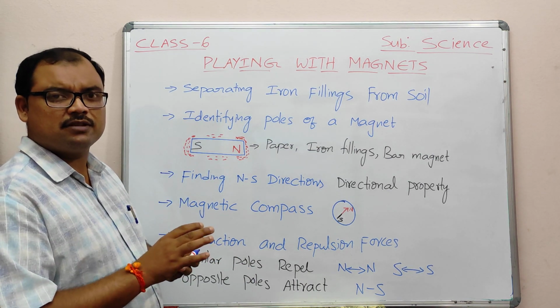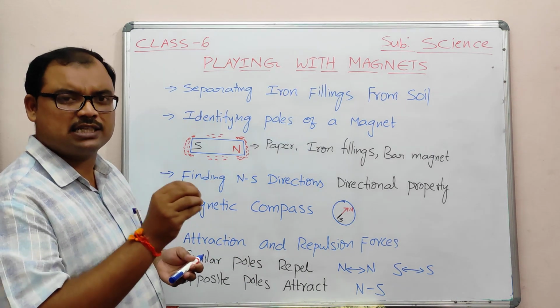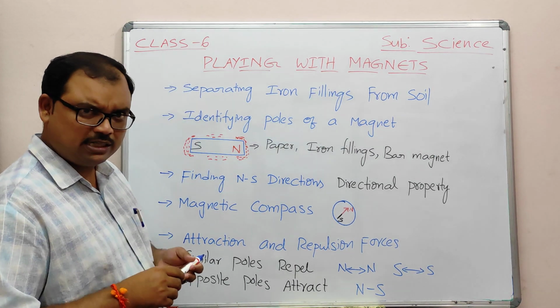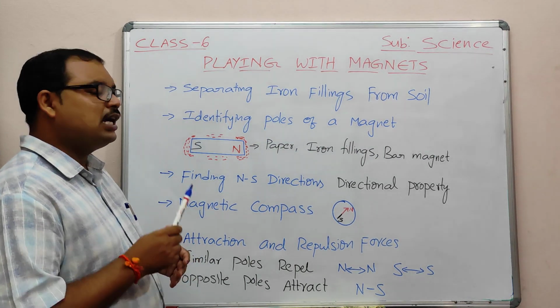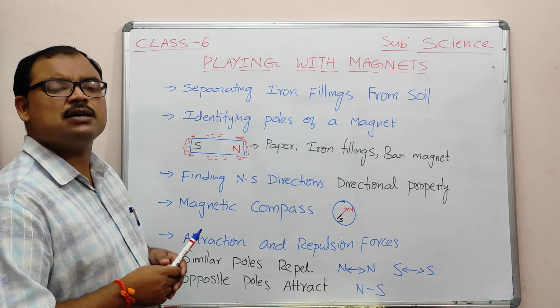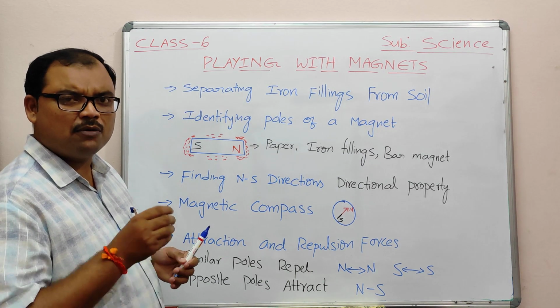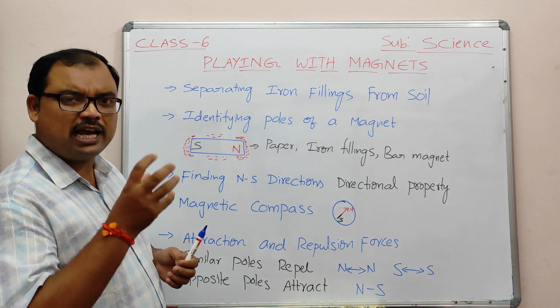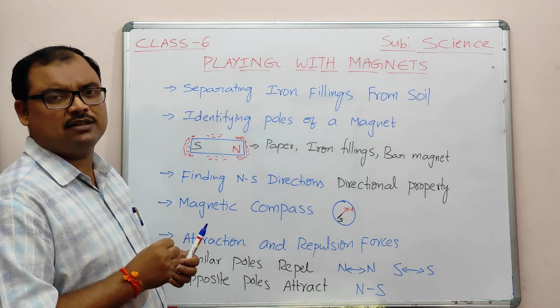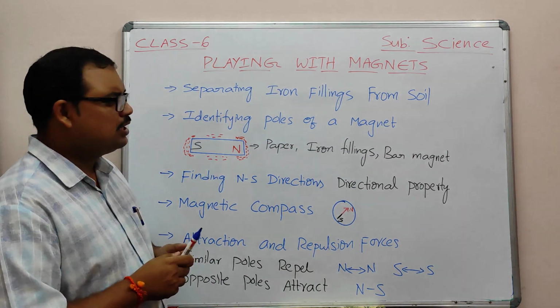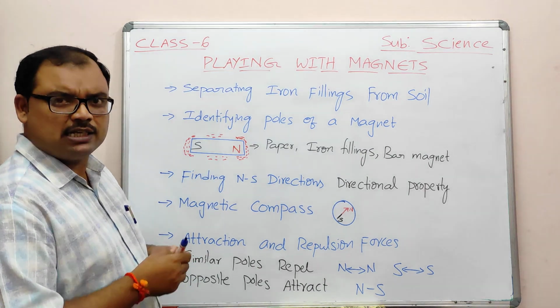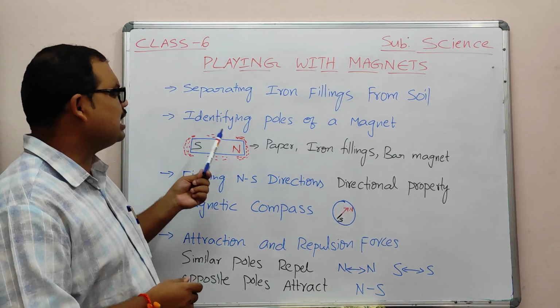These things we discussed in the last session. Now, let us see some properties. How do we identify the effect, the power of a magnet? Now, let us see today's session's first activity.